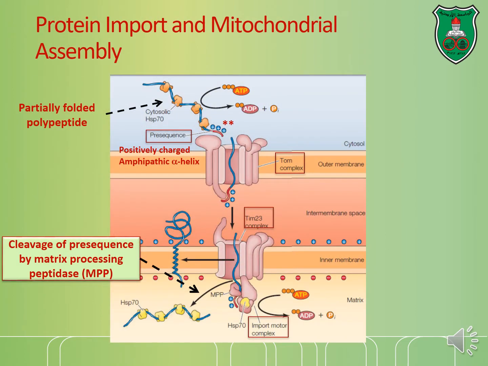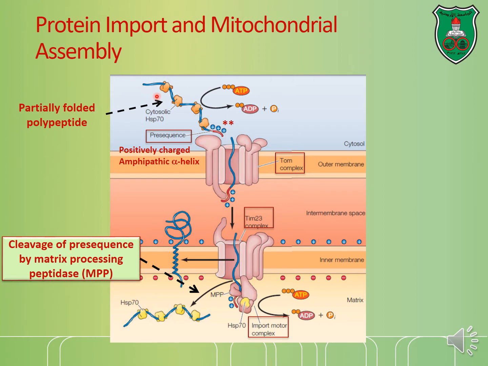So how are proteins imported into mitochondria? How are they inserted in the inner mitochondrial membrane or the outer mitochondrial membrane? Well, there is a sequence known as a pre-sequence, and this sequence is positively charged overall, and it's taken by a chaperone known as heat shock protein 70.